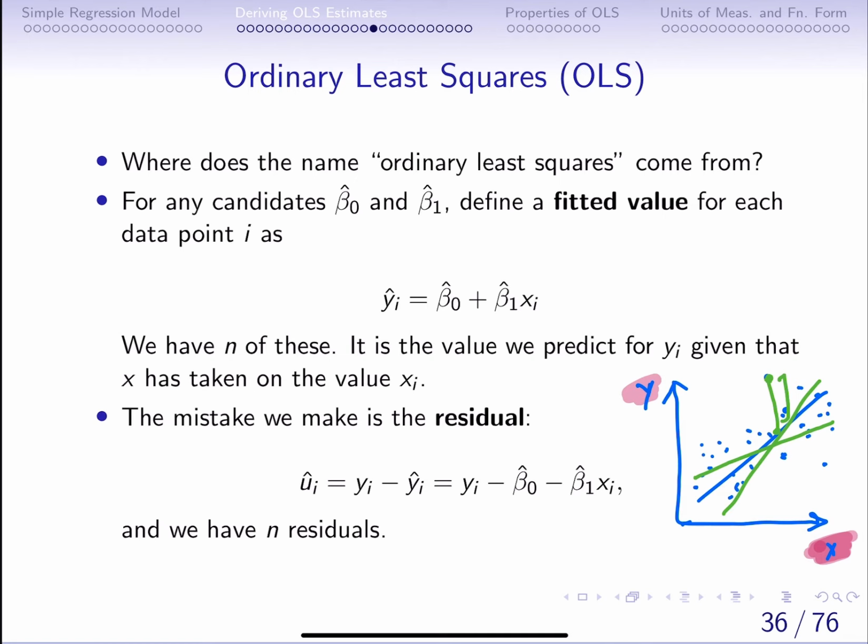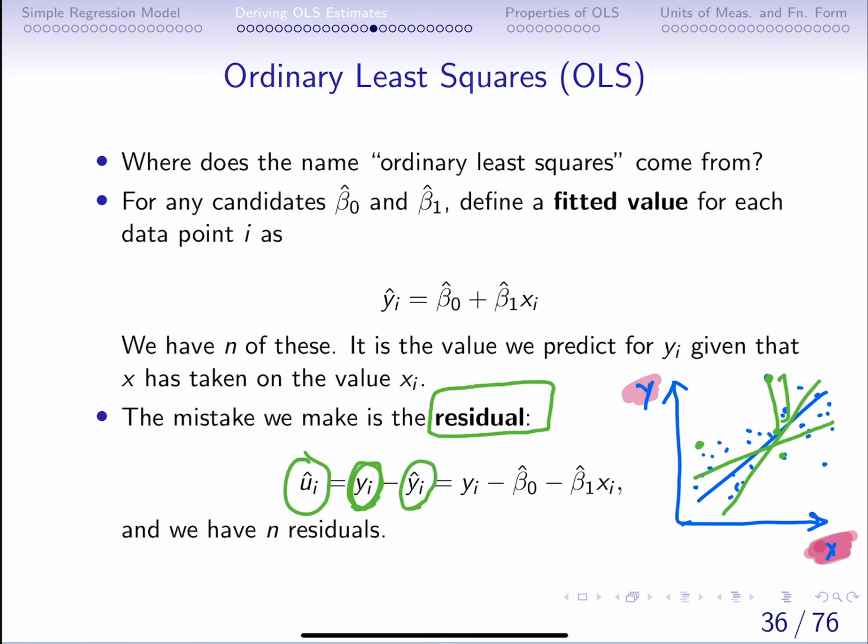Okay, so that distance is what we call residuals. Residuals are basically the gap between the actual value of y, so we know what these points are, these are actual values, and the predicted value of y.